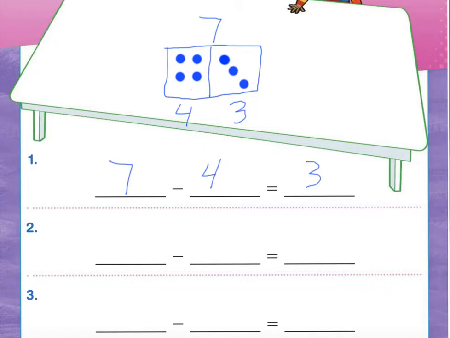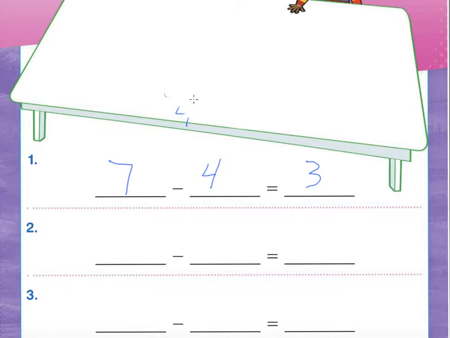But maybe they don't give us a number like 7. Maybe they give us something a little bit tougher. So let's try that. Let's say that they tell us our whole number is 8.